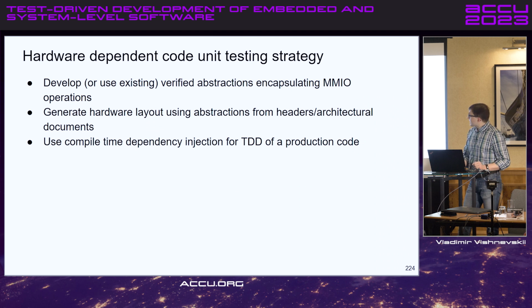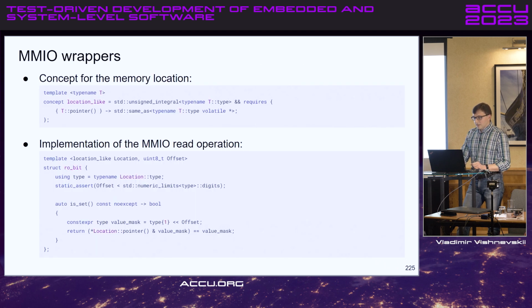We then can generate the layout using those abstractions, translating the layout from the architectural documents or SDK headers into a layout based on those abstractions. And then we use compile time dependency injection to have the logic verified that is supposed to use those abstractions.